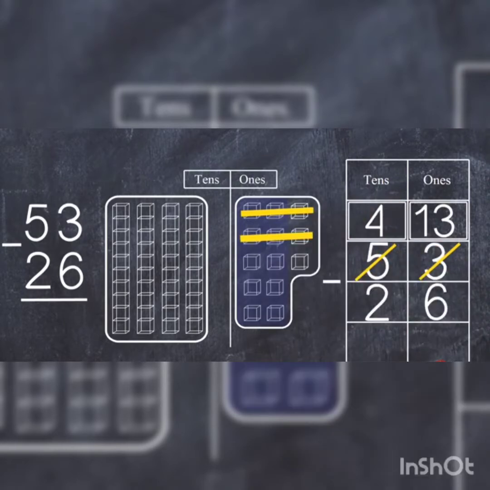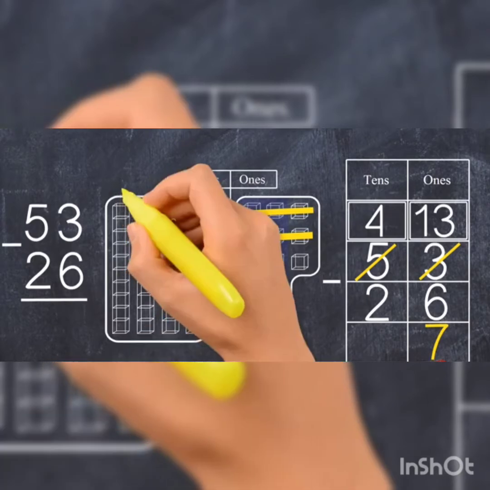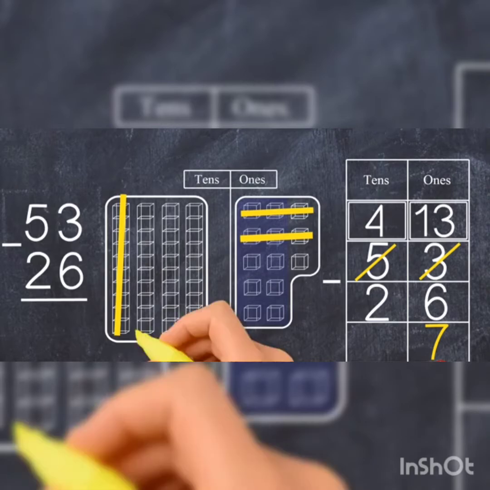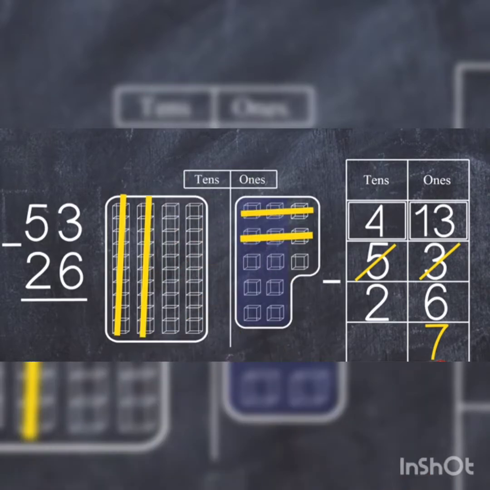Okay, 13 minus 6. All of you take 6 fingers and subtract 13 minus 6, that is equal to 7. We can count 6 numbers backward, so we get 7. Then in the tens place the numbers are 4 minus 2. 4 tens minus 2 tens is equal to 2 tens.